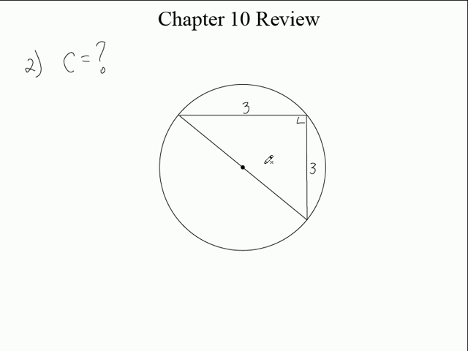Do we remember the relationship? Now again, you could do Pythagorean theorem, that would be fine, but it's a lot quicker to realize it's 45, 45, and you know the relationship. Remember, the hypotenuse is the square root of 2 times one of the sides. So one of the sides is 3, the hypotenuse is 3 times the square root of 2. So that is that distance from here to here.